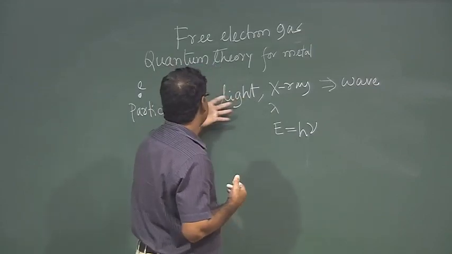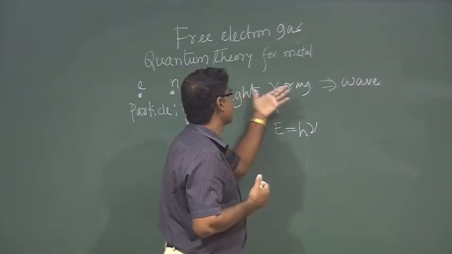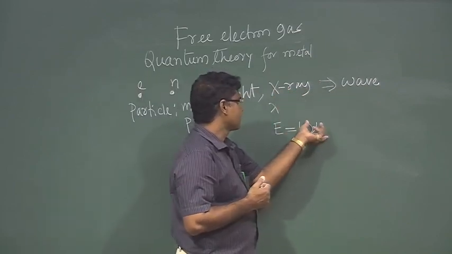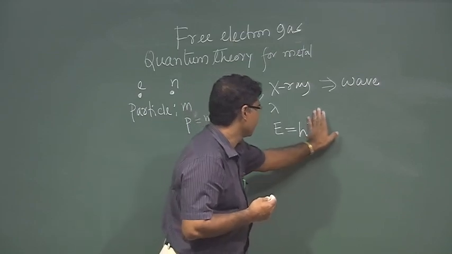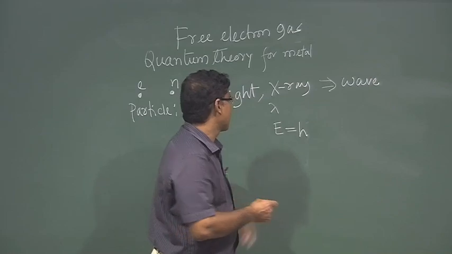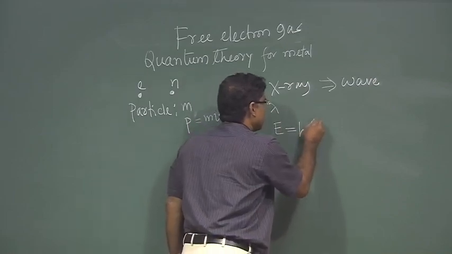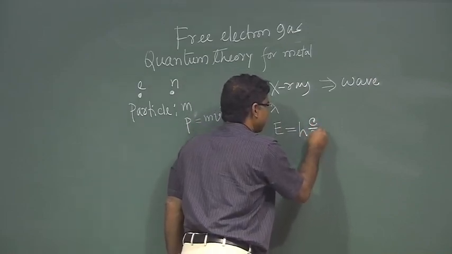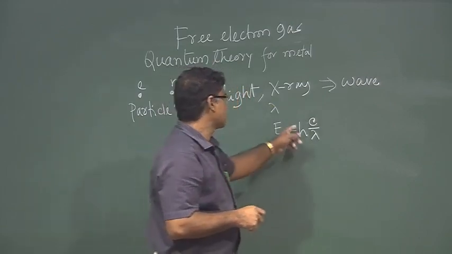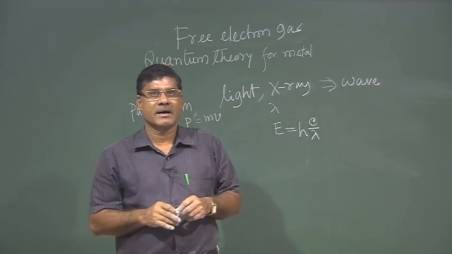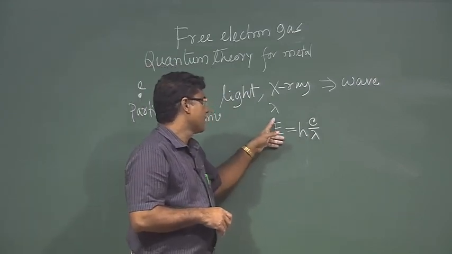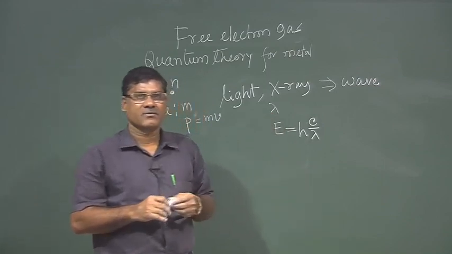Light or X-ray is a wave. If its frequency is nu, or wavelength is lambda, and light velocity is c, then c by lambda is the frequency nu. So h c by lambda will be the energy. Energy of what?